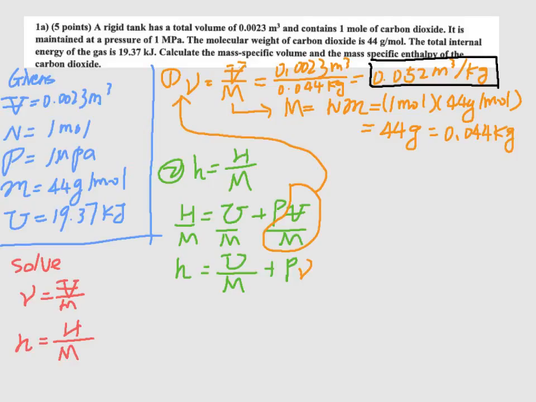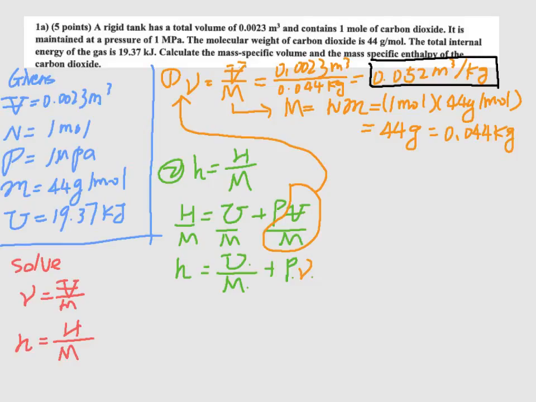Now we know everything that we need to calculate the mass-specific enthalpy. We know internal energy, 19.37 kilojoule, the mass that we calculated from the first step, the pressure, and the mass-specific volume.